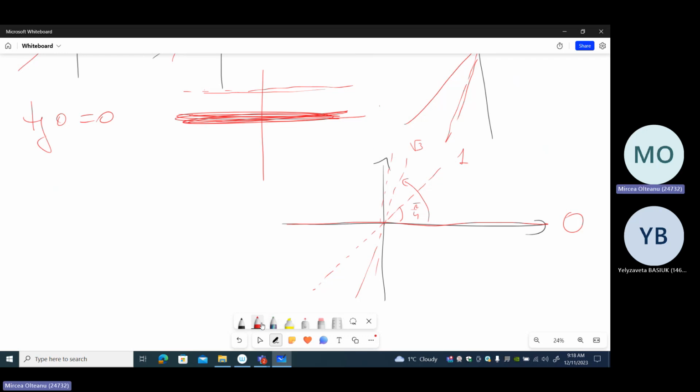When our straight line becomes a vertical line, vertical lines mean the angle is pi over 2. When the angle is pi over 2, the tangent doesn't exist, because the tangent of pi over 2 is sine of pi over 2, which is 1, over cosine, which is 0. So this one is meaningless. We make a convention. We say that vertical lines have the slope infinite.